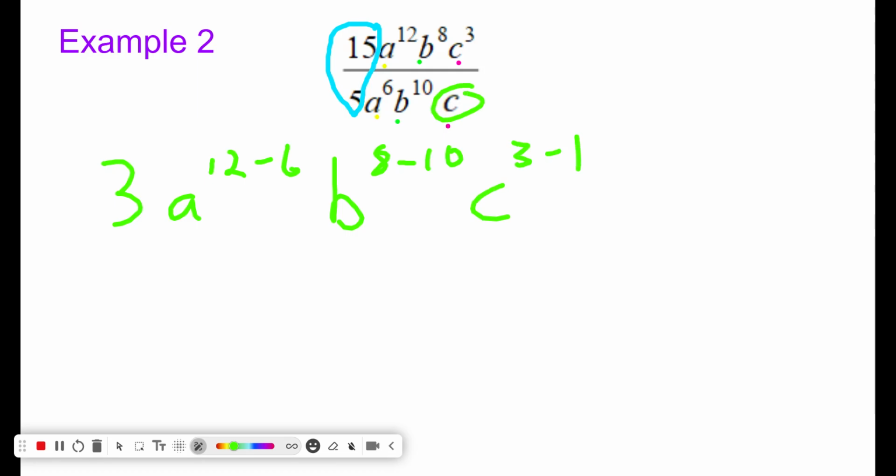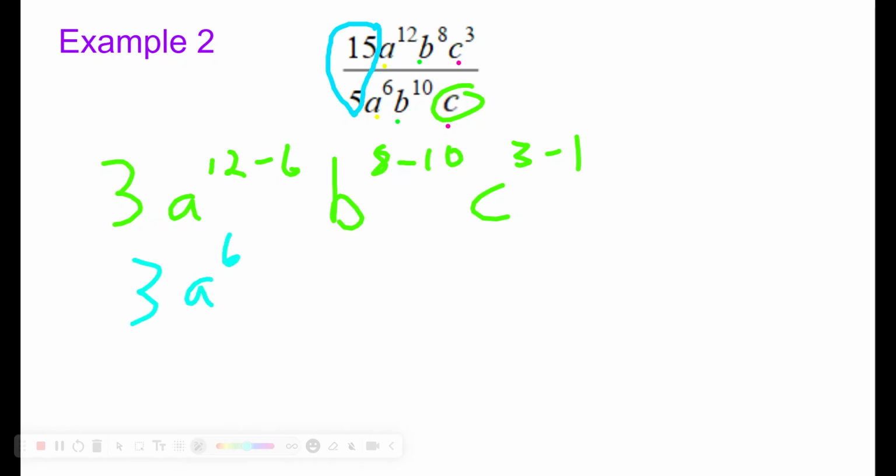Notice there's no number 1 there, but I know that for it to be there, C has to be to the first power. Let's simplify that if we can. A 12 minus 6, we're left with 3 times A to the 6th power. 8 minus 10 is B to the negative 2nd power. And C is 3 minus 1 to the 2nd power.